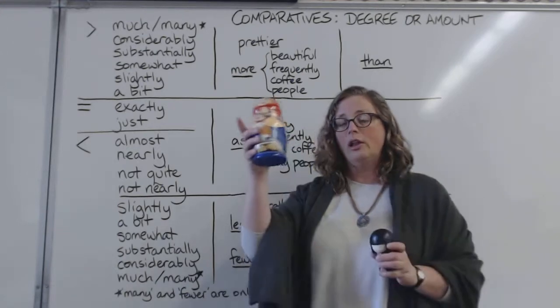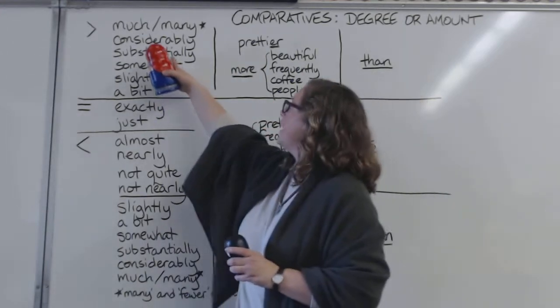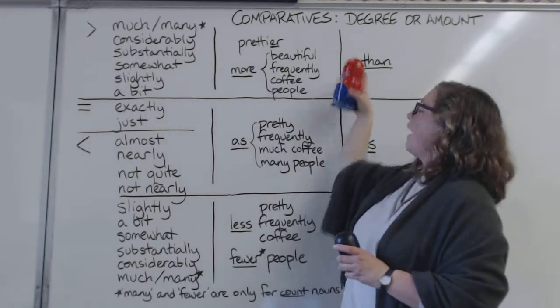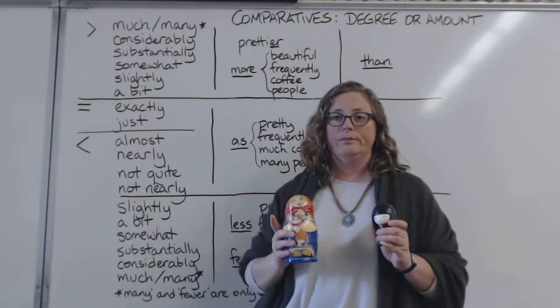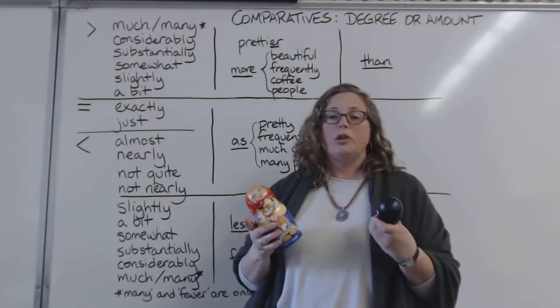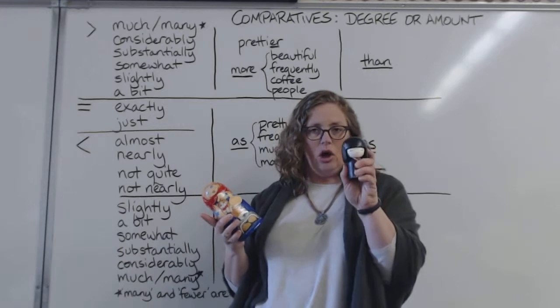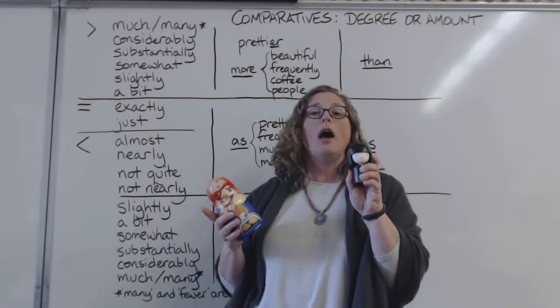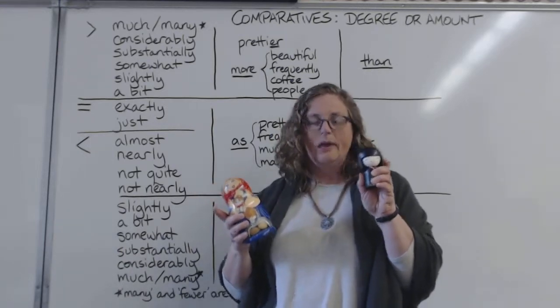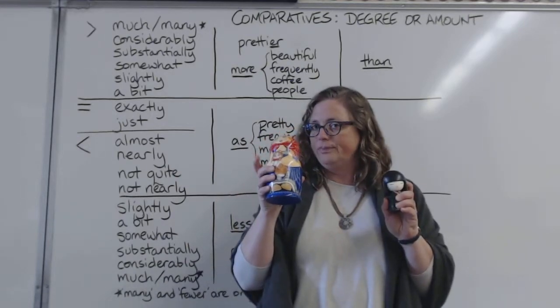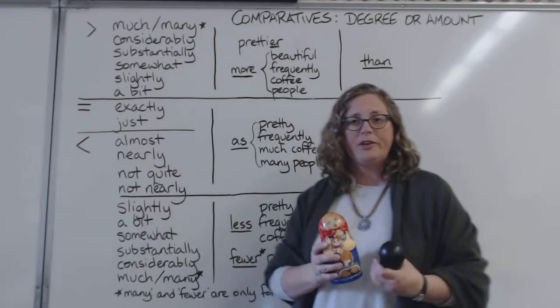Okay, so this doll is substantially larger than this doll. What if I want to use the adjective small? I can say this doll is considerably smaller than this doll. All right, so I'm showing differences.